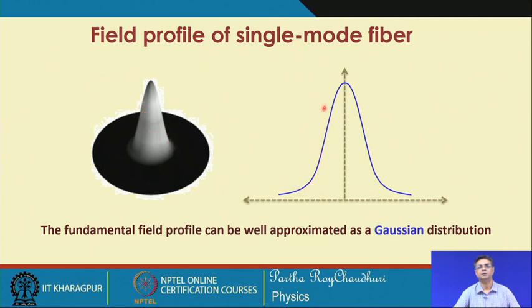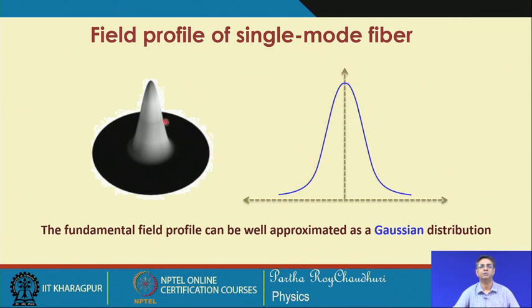It has a transverse mode profile which reminds you of a Gaussian distribution, and we will see that for a value of V between 1.8 and 2.5, this field distribution can be well approximated with a Gaussian field distribution.